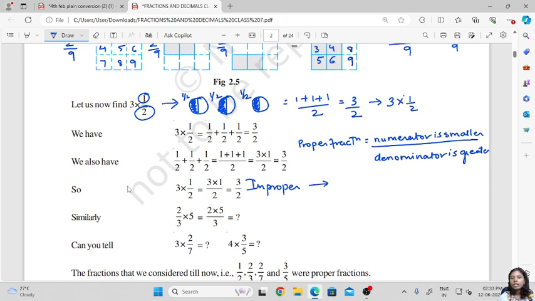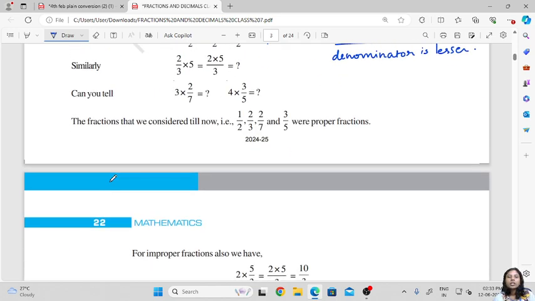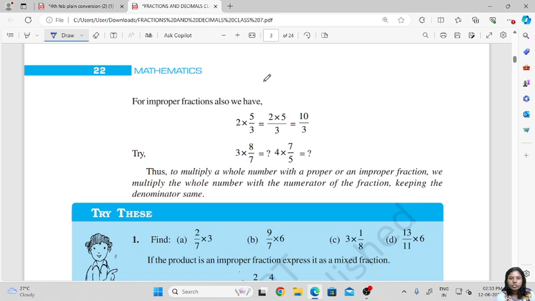So in improper fractions, we'll have the numerator greater and the denominator smaller or lesser than the numerator. Now for improper fractions, we also have the same way. So here, they have given 2 into 5 upon 3. So this we can simply multiply.